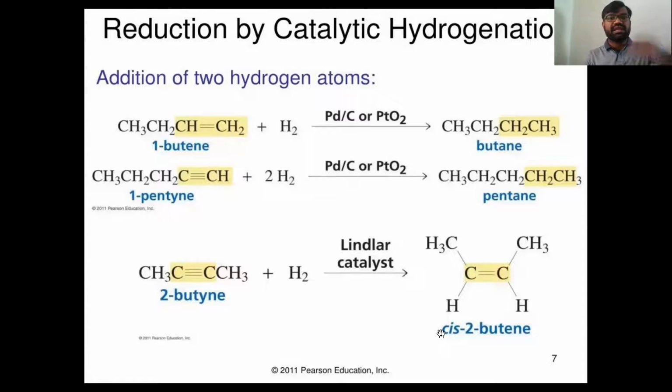If one hydrogen comes from above and one hydrogen comes from below, that way it will form trans. Lindlar catalyst is very specific to yield the stereoisomer selectively. This way, reduction is there.